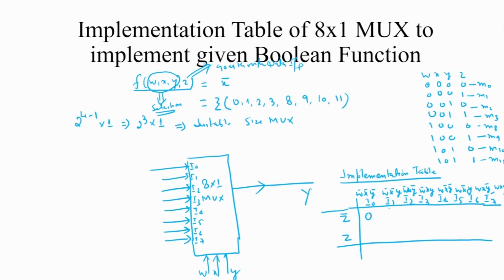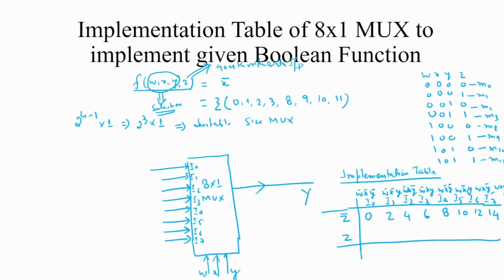Then 0 0 1 0 is 2. Then 0 1 0 0 is 4. Then 0 1 1 0 is 6. Similarly 8, then 10, then 12, and 14.